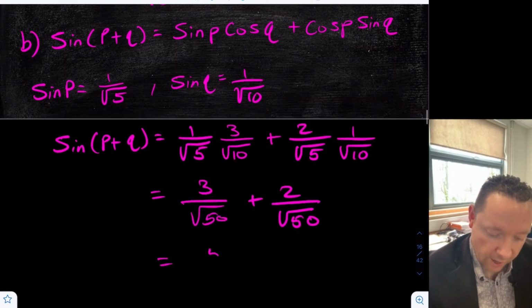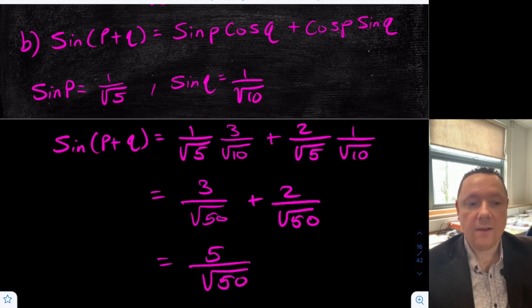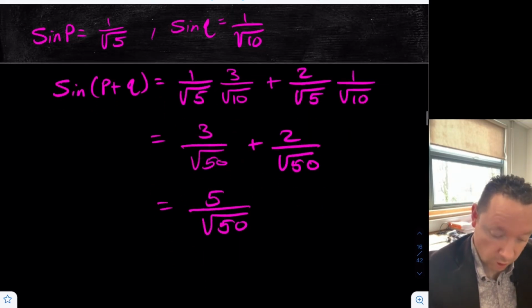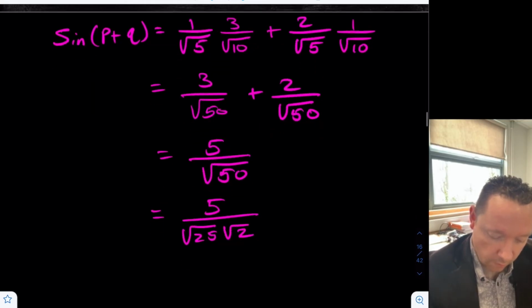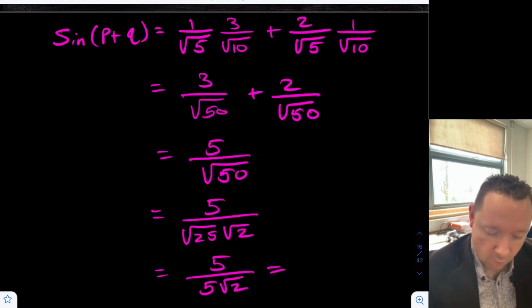That gives me 5 over root 50, but all answers at Higher Maths need to be simplified. So I need to simplify that root 50 if I can, which you can, because it's root 2 times root 25. 25 times 2, which is giving you 5 over 5 times root 2. 5's cancelled to give you 1 left on the top and root 2 on the bottom.